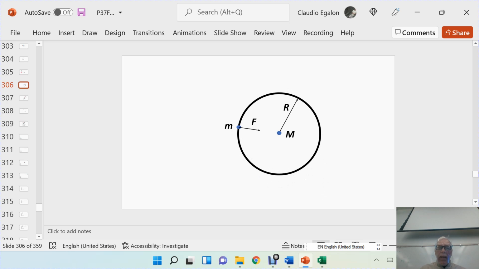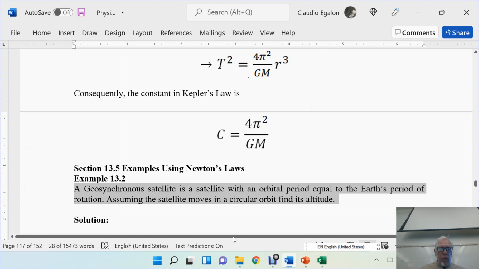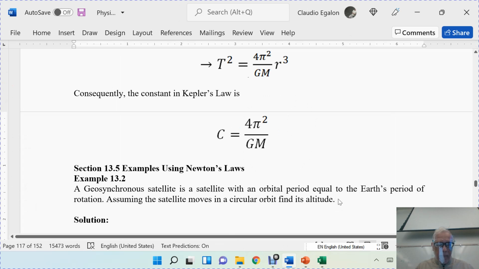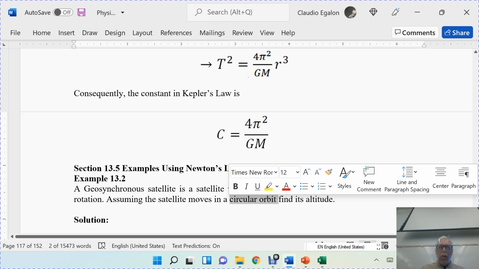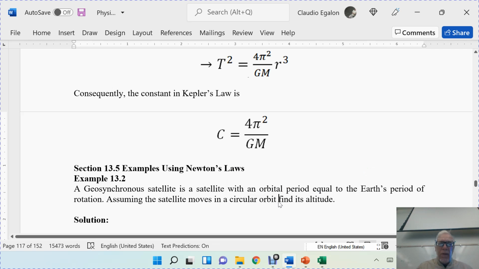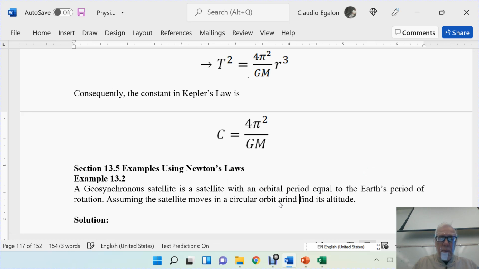Assuming the satellite moves in a circular orbit around the Earth, find its altitude.